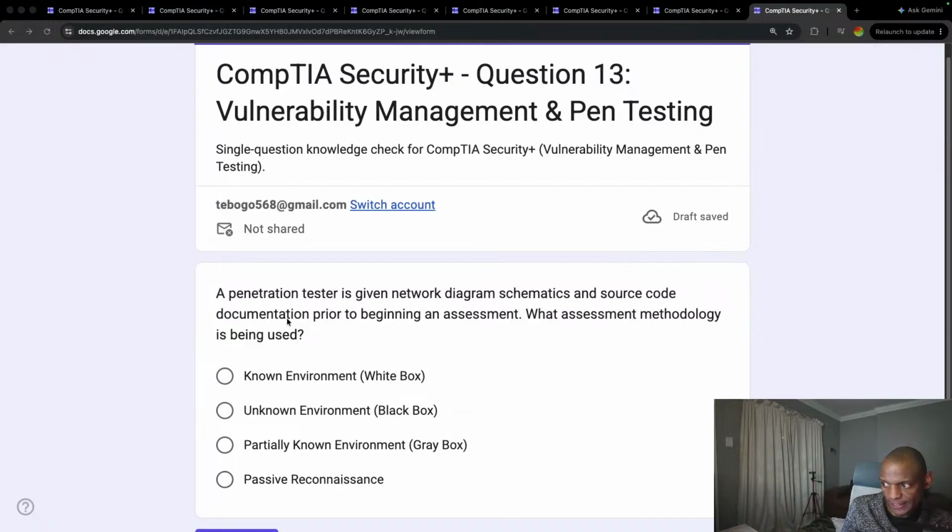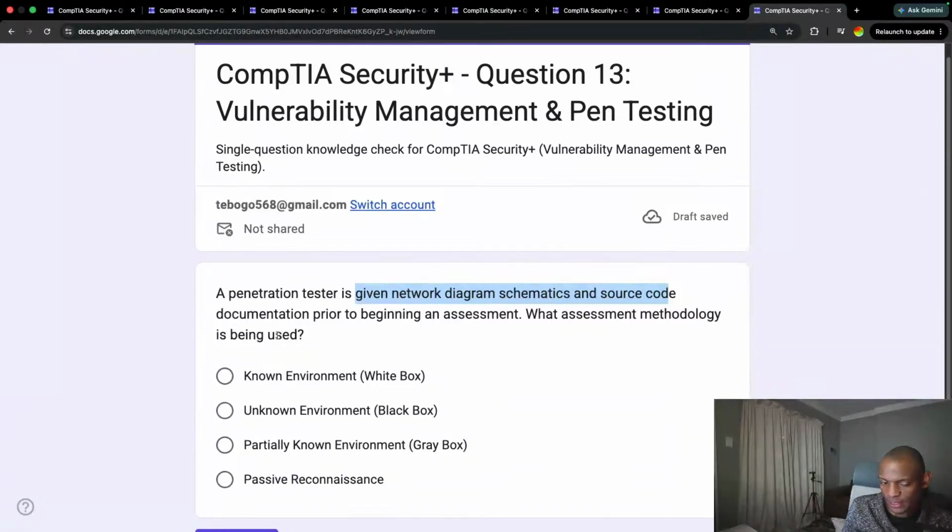So question 13, it says here, a penetration tester is given network diagram schematics and source code documentation prior to beginning an assessment. What assessment methodology is being used? So the penetration tester has been given the information. They're saying here they have been given a network diagram and a source code documentation.